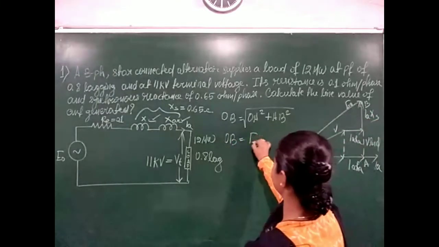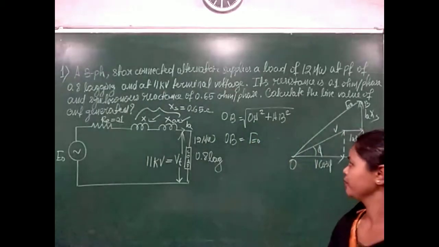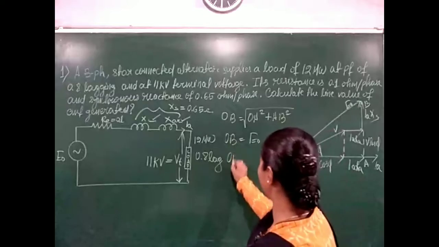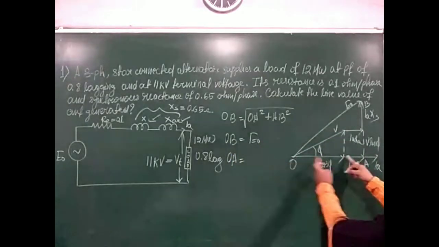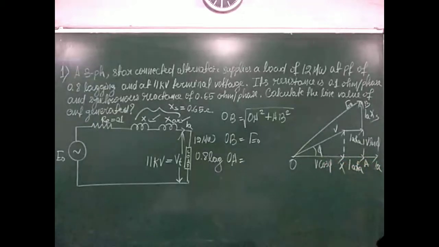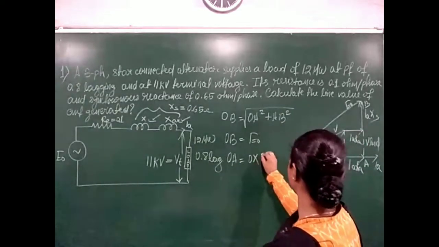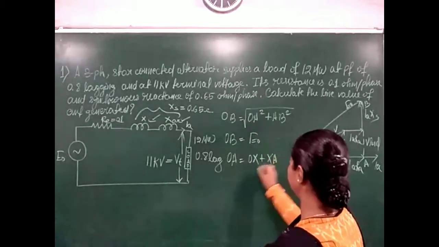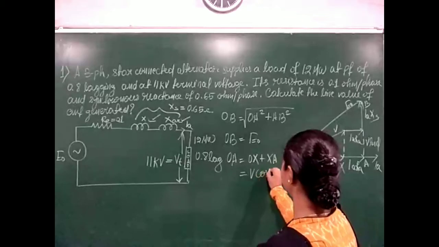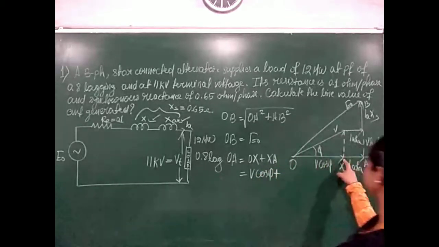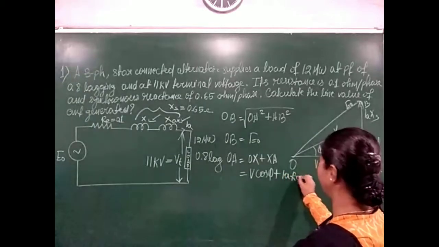OB is E0, that is the generated EMF per phase. And what is OA? OA is the phasor sum of this quantity and this quantity. Suppose this is X. So OA is OX plus XA. What is OX? It is V cos phi, and XA is Ia Ra.